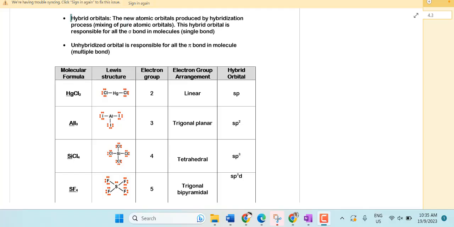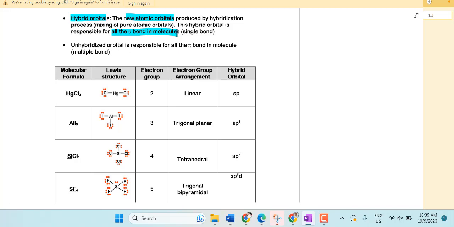Hybridization. A hybrid orbital is the new atomic orbital produced by the hybridization process. This hybrid orbital is responsible for all sigma bonds in the molecule. So a hybrid orbital is actually a new orbital.